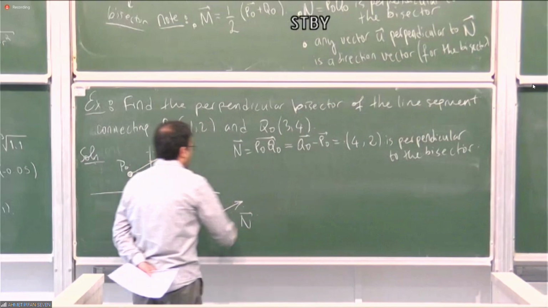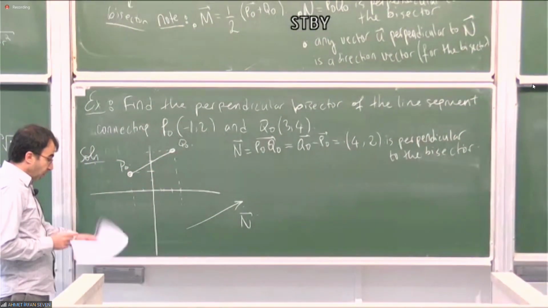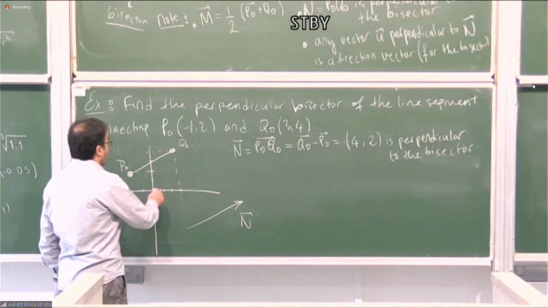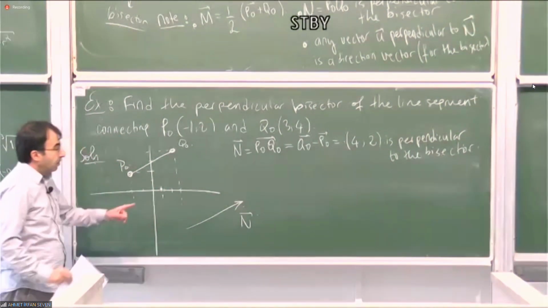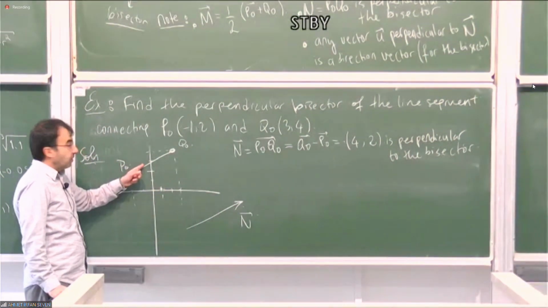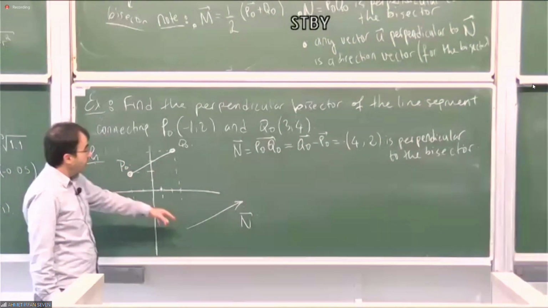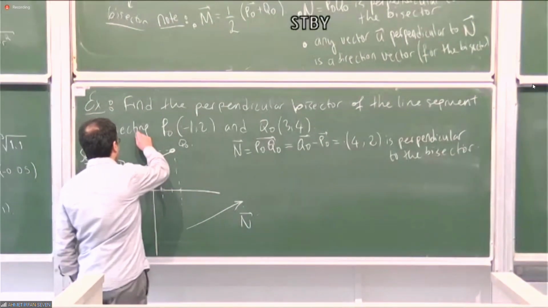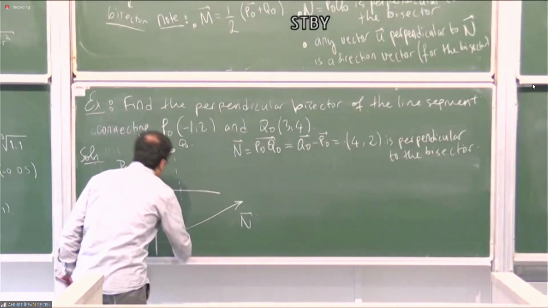And so this will be perpendicular to the bisector. However, you see that this is not perpendicular to this one, of course, because we are not saying that n is perpendicular to this line segment, but it is perpendicular to the bisector. So the bisector will be something that cuts in the middle.